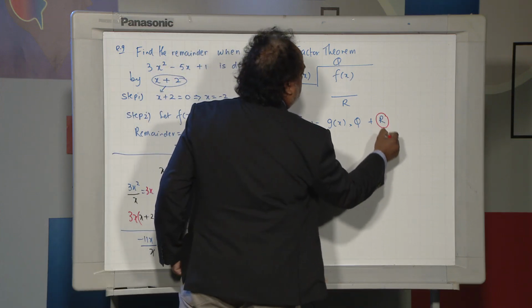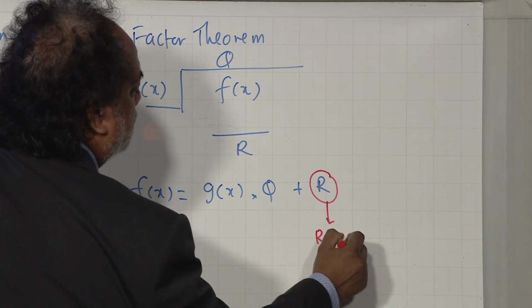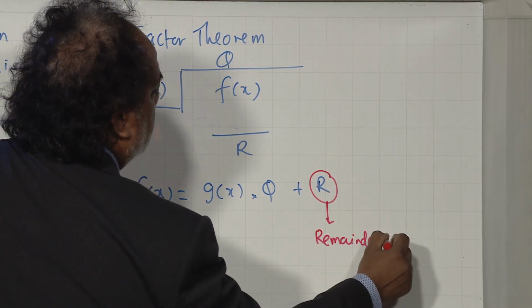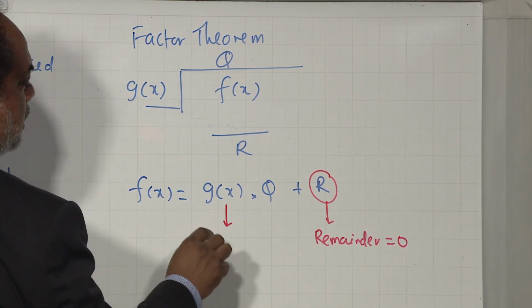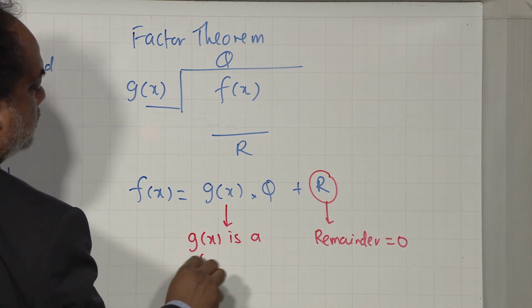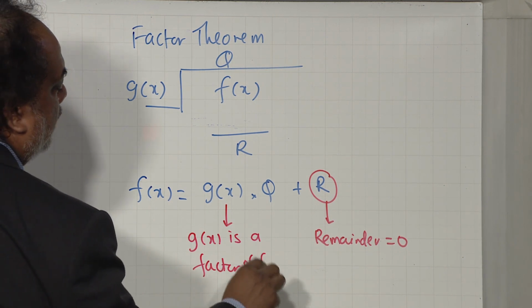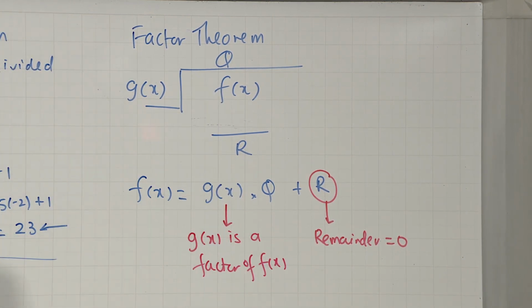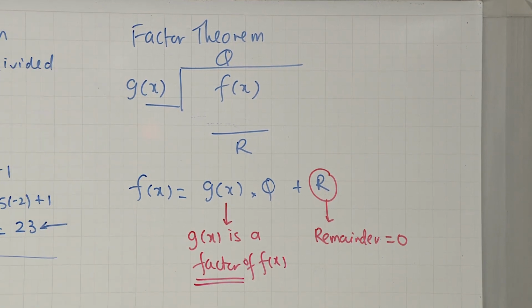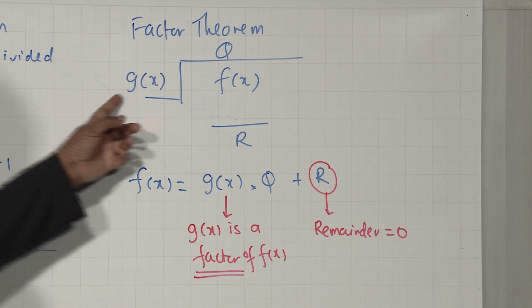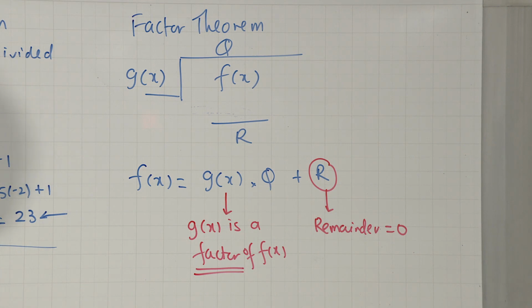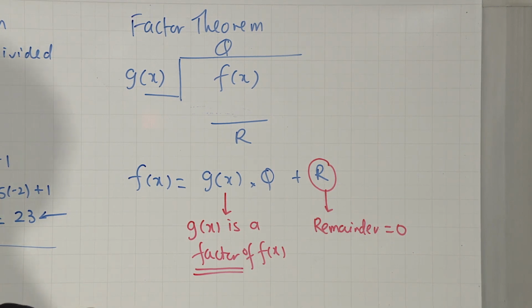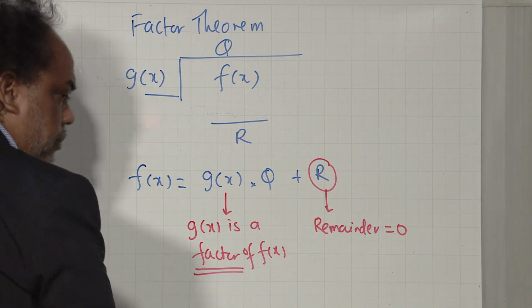If the remainder is 0, then g(x) is called a factor of f(x). The divisor is called a factor of f(x). So, if g(x) is a factor of f(x), then of course the remainder will be equal to 0. That's the factor theorem. Let's take an example.